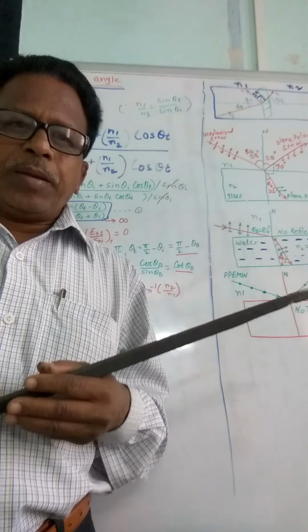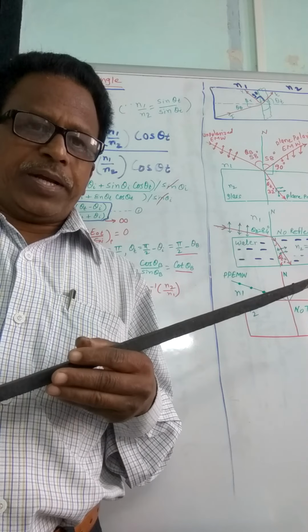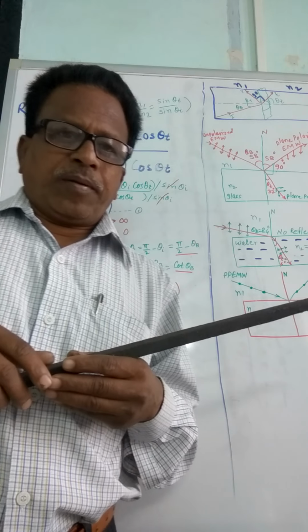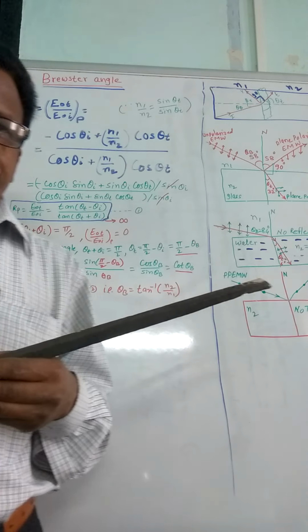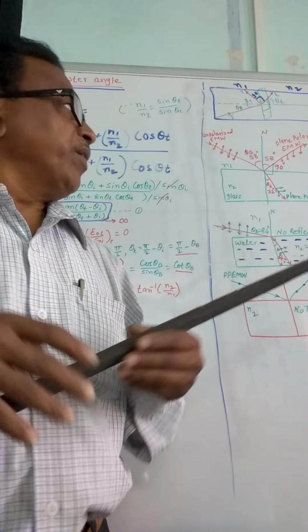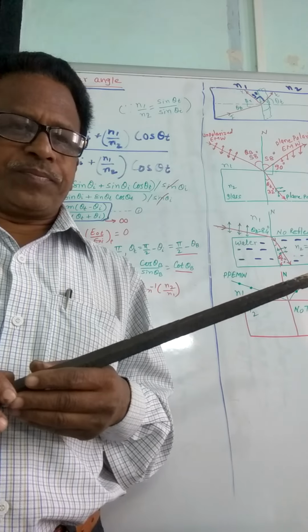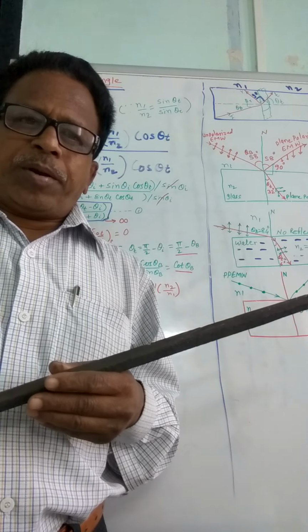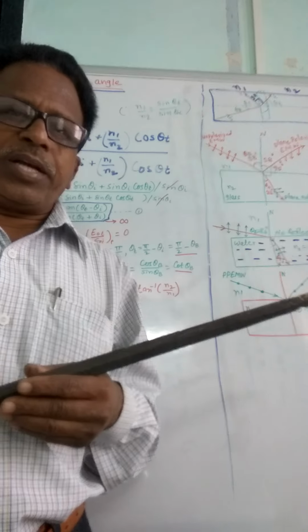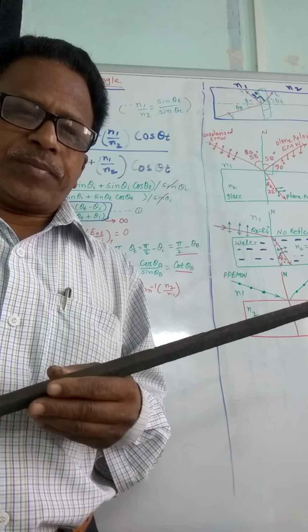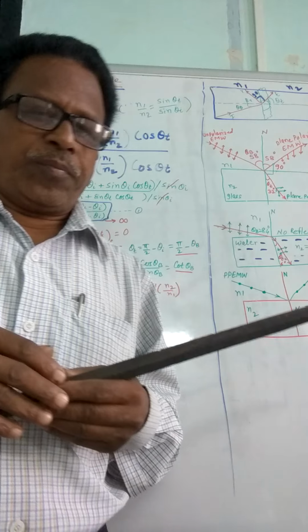For example, if light is incident at an angle on glass with, suppose, refractive index 1.6, then the Brewster angle is about 58 degrees, and theta_t, that is the refracted angle, is 32.